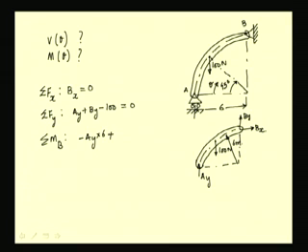So, we have plus 100 times the moment arm. This load is applied at a radial angle of 45 degrees, so we have the moment arm as 6 cos 45.